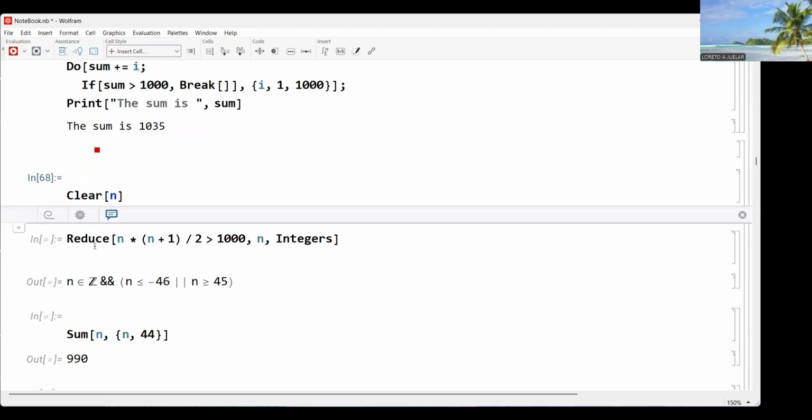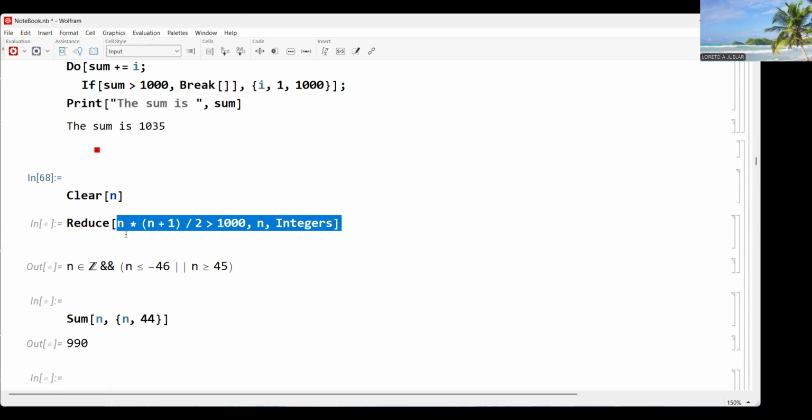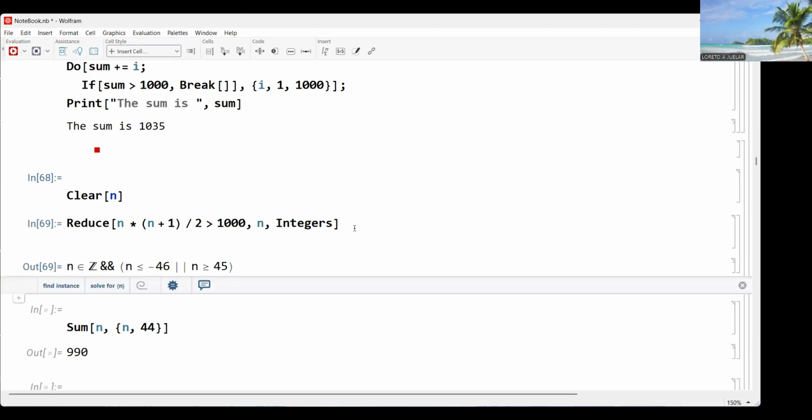Now we can also find the n here by using this formula for the sum of the integers from a lower integer to a higher integer. Now, if the sum is greater than 1,000, we have to stop there. So by using this equation, we can determine the value.